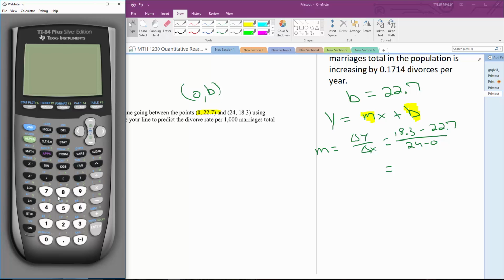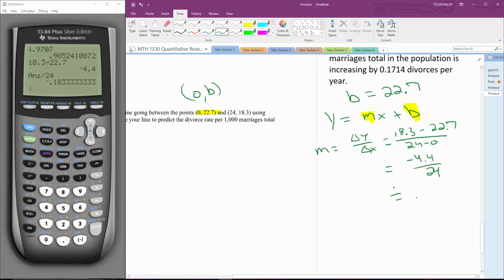So 18.3 minus 22.7 gives me negative 4.4 in the numerator and 24 in the denominator. So if I divide this by 24, I get roughly negative 0.183, right? So that's m. So my equation is going to be y equals negative 0.183x plus 22.7.